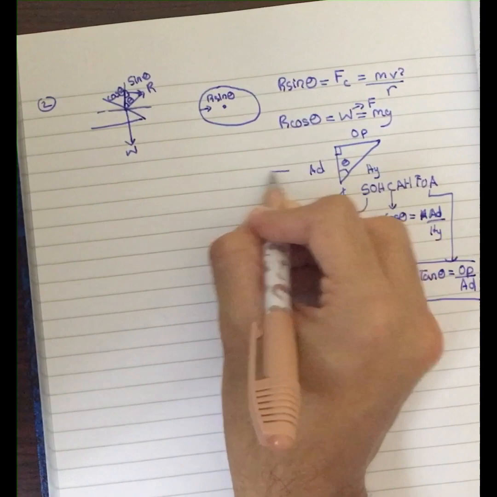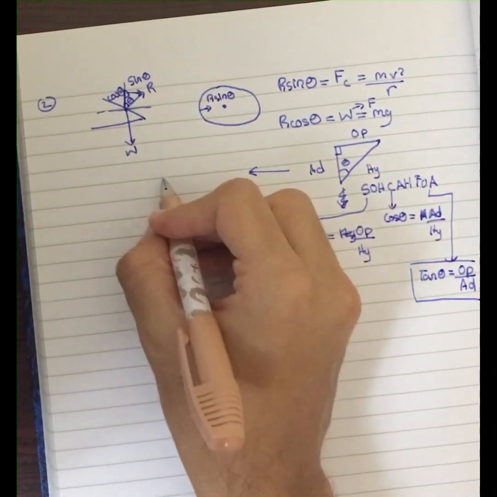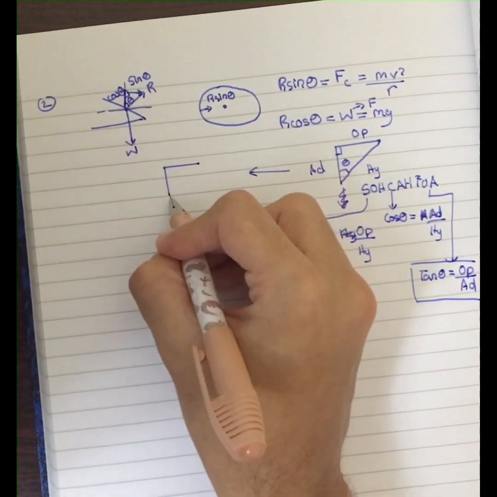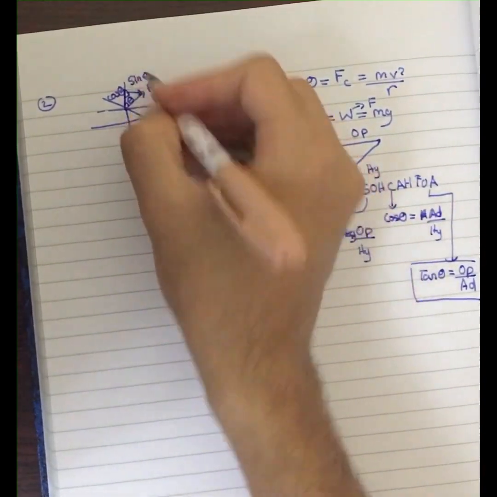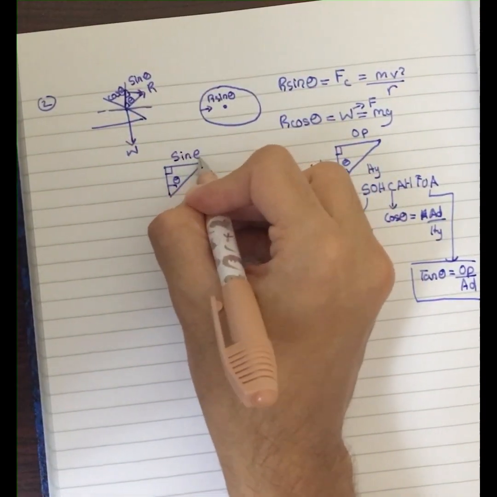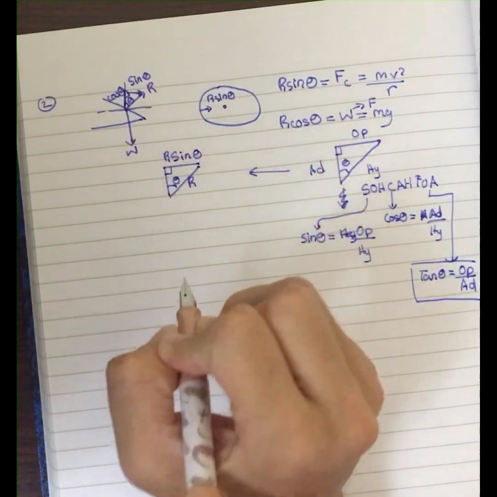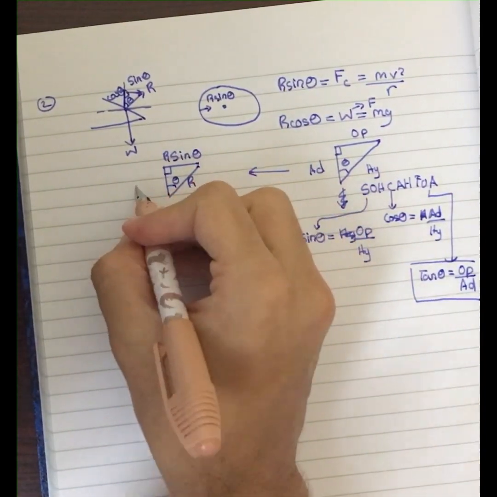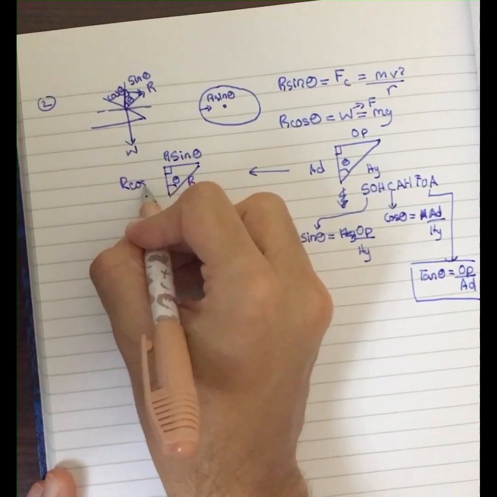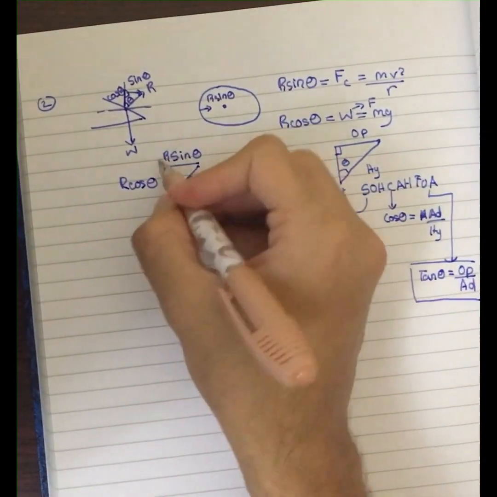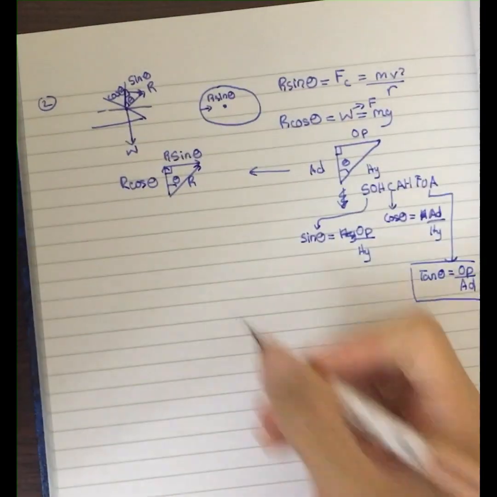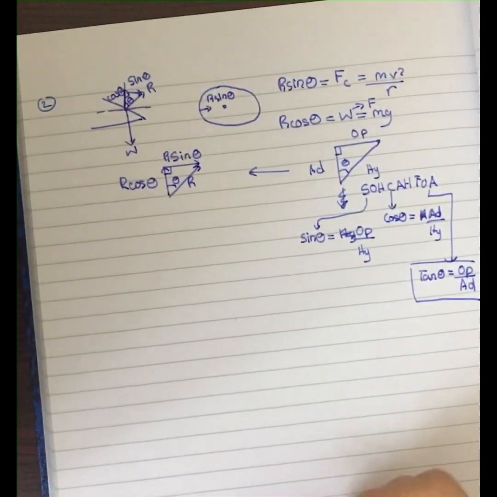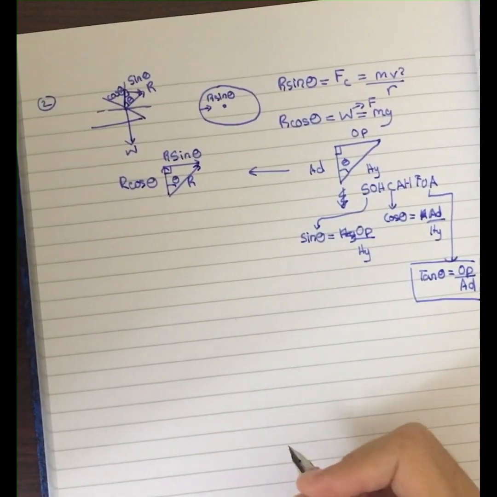So let me draw this in the triangle. This is our 90, this is our theta, the opposite is R sine theta, this is our resultant, and this is our R cos theta, right? Let me also draw the arrows for safety, just to teach you.